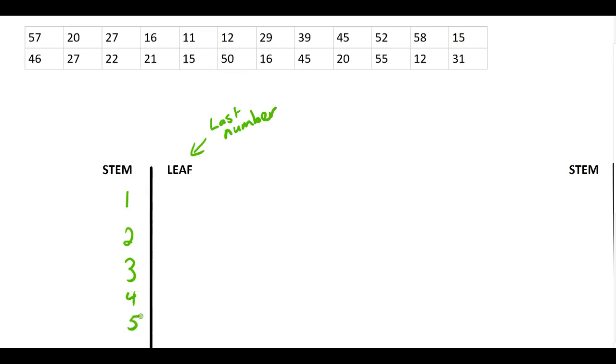For right now, this trial one, I'm just going to put 57, so a 7 goes over here. A 20, a 0 goes here. 27, 7 goes here. 16, an 11, a 12, a 29, a 39, a 45, a 52, a 58, a 15, 46, 27, 22, 21, 15.